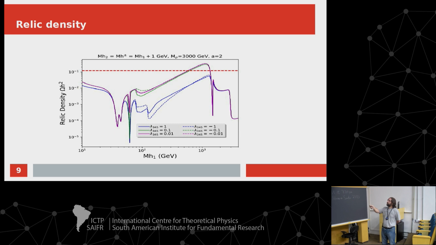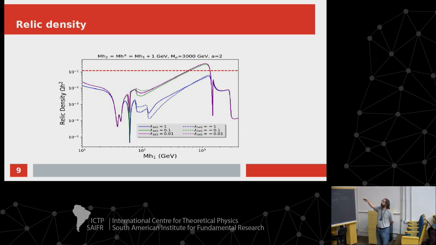Usually, in the inert doublet model, in this region, you can saturate the relic density, but now the relic density goes down because you have new annihilation channels. This is a resonant annihilation mediated by the new vector triplet.